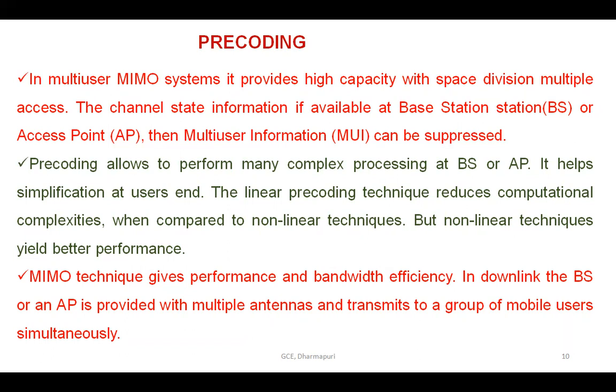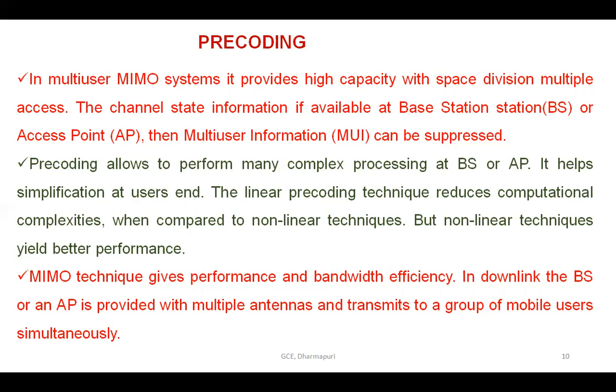Precoding allows many complex processing tasks to be performed at the BS or AP, which helps simplification at the user's end. The linear precoding technique reduces computational complexity compared to the nonlinear technique, but the nonlinear technique yields better performance. MIMO technique gives performance and bandwidth efficiency.